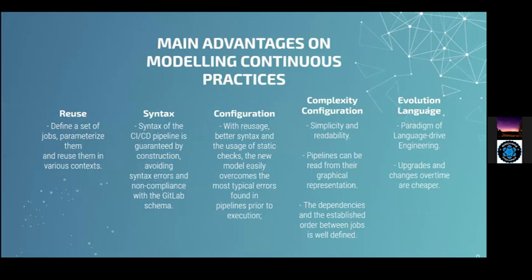The syntax of the pipeline is guaranteed, as in it won't have any type of errors because it is not written, it is built. With the last two advantages, the configuration becomes much easier and overcomes the most typical errors. And the complexity is also reduced, as in it becomes simpler and a lot easier to read. As a final note, they say that the versatility of the language is very high and there are many paths it can take.